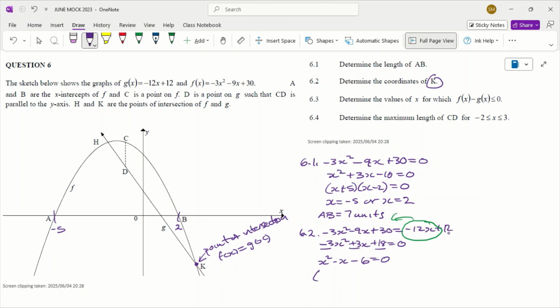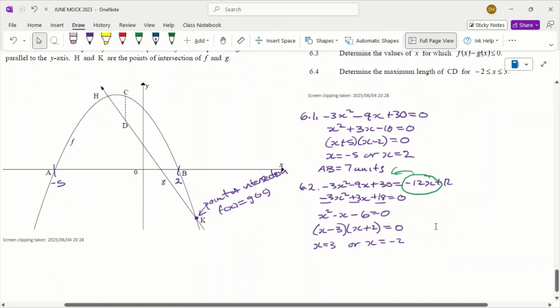Then now we need to substitute the value of positive 3 into either f of x or g of x, because both will give us the same y value. So we're going to choose the easiest one, which is the linear function, negative 12 times our x, which is 3, plus 12.